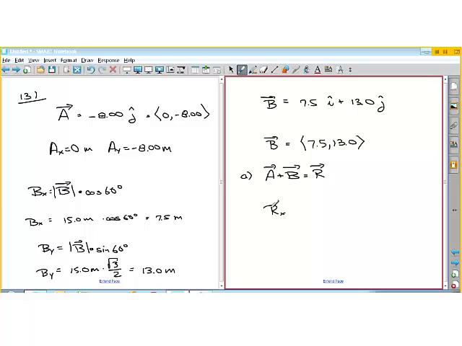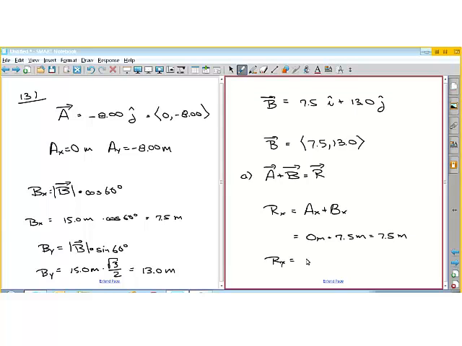So the x component of the resultant vector is the x component of A plus the x component of B. The x component of A is 0 meters, and the x component of B is 7.5 meters. So the resultant vector has an x component of 7.5 meters.